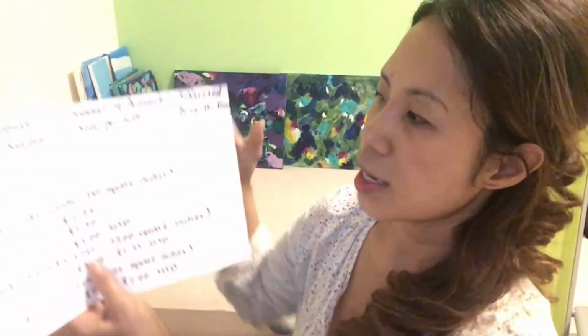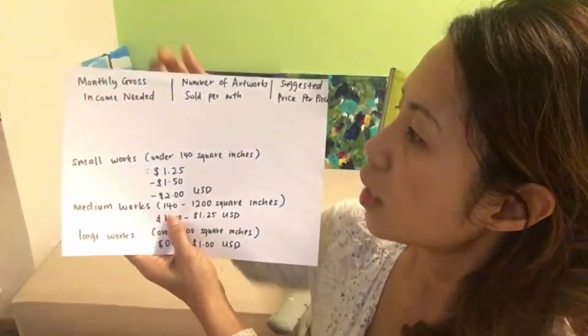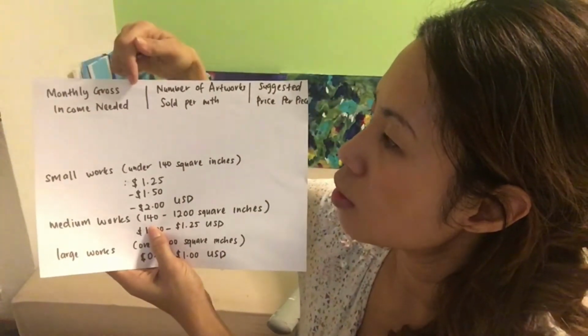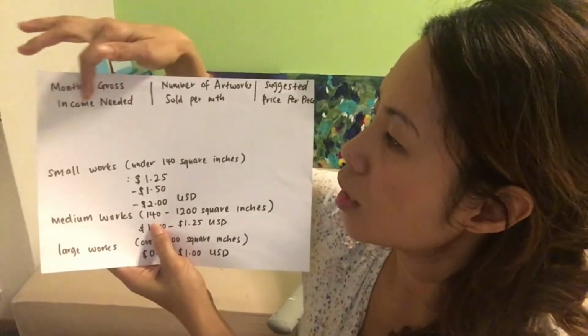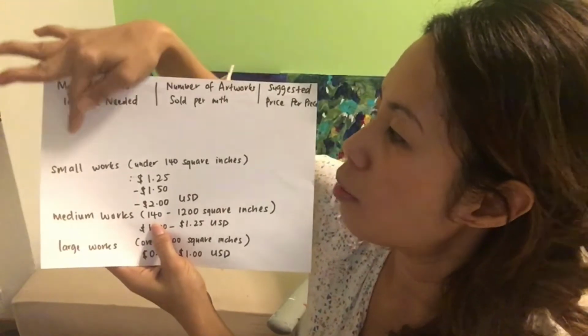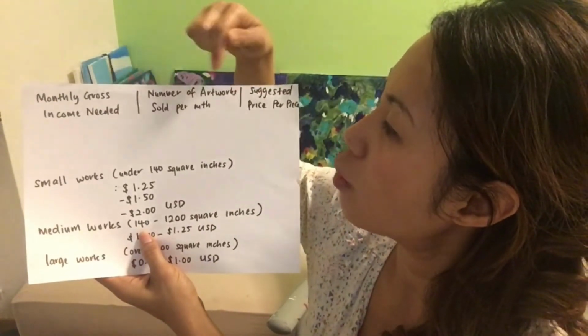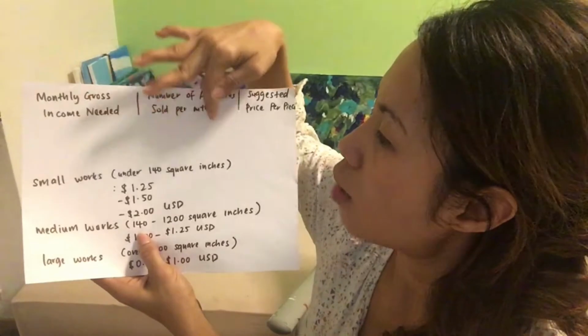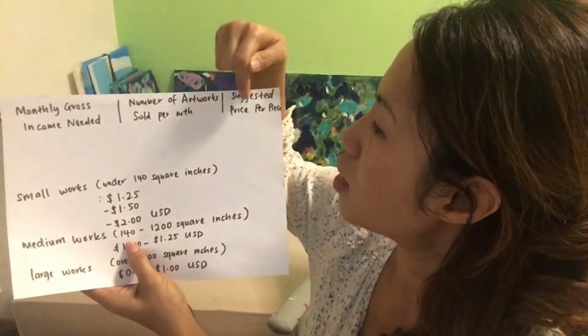Okay, so now you understand that. Now you need to know about the monthly figures. You put in your monthly gross income needed, the number of artworks sold per month, and the suggested price.